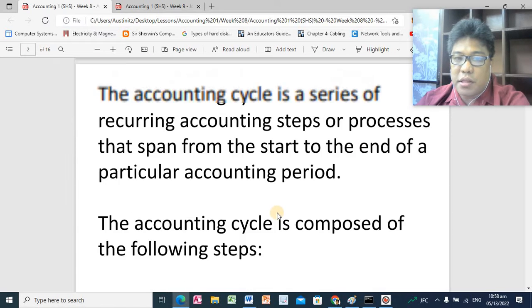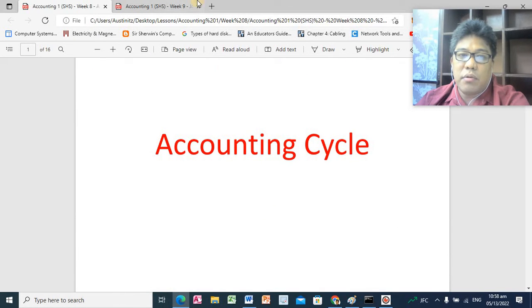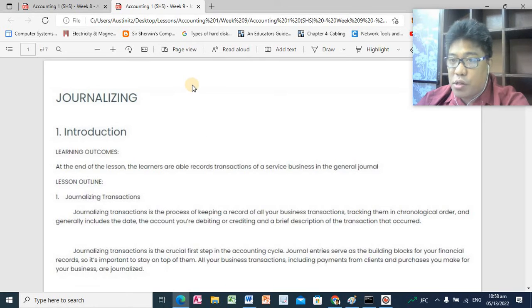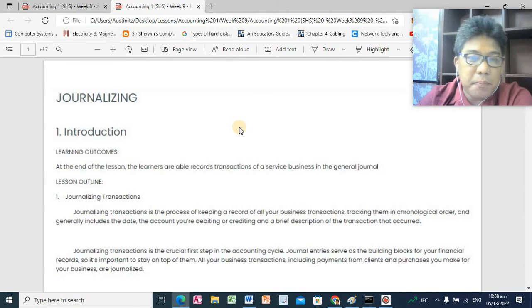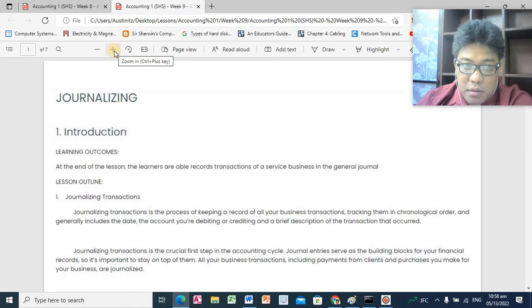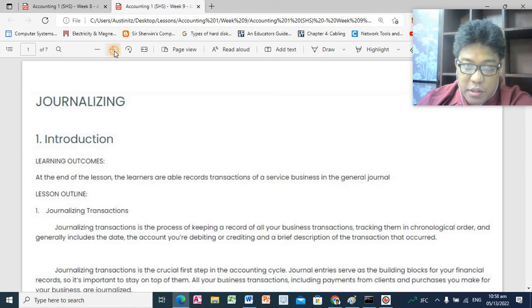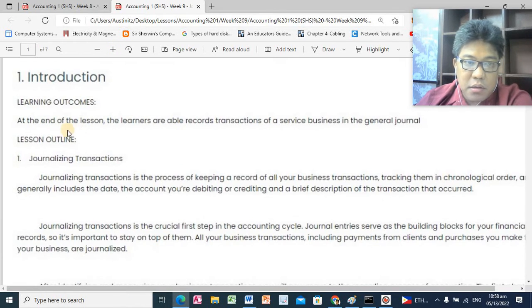Next to the accounting cycle, we have our first book, which is journalizing. After analyzing the transaction, we have this journalizing. So let me read and then maximize the font.